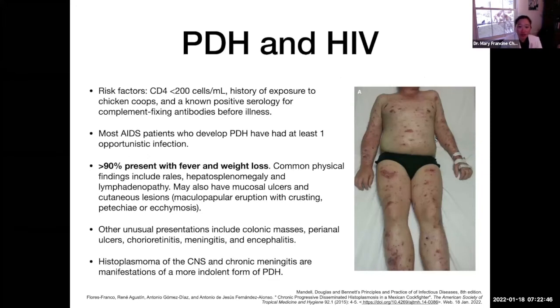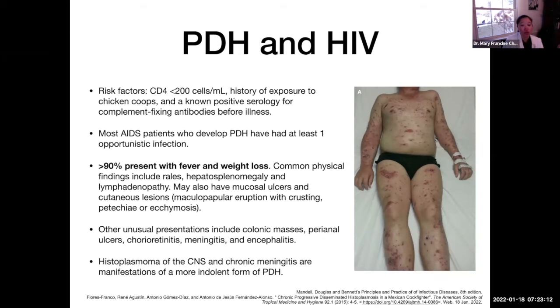Progressive disseminated histoplasmosis and HIV. So it's an opportunistic infection, histoplasmosis. So in patients with AIDS or HIV with CD4 of less than 200, history of exposure to chicken coops, known positive serology for complement fixing antibodies before illness, those are high risks for PDH.